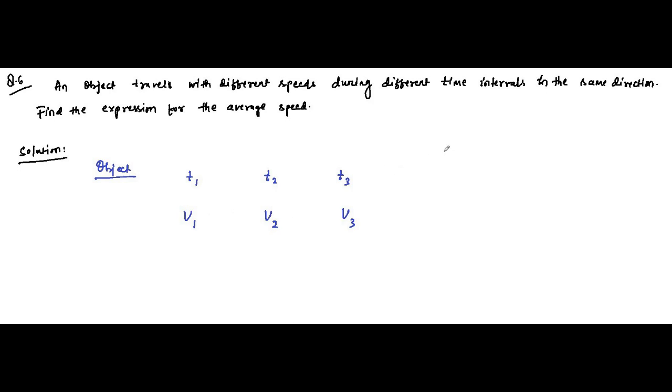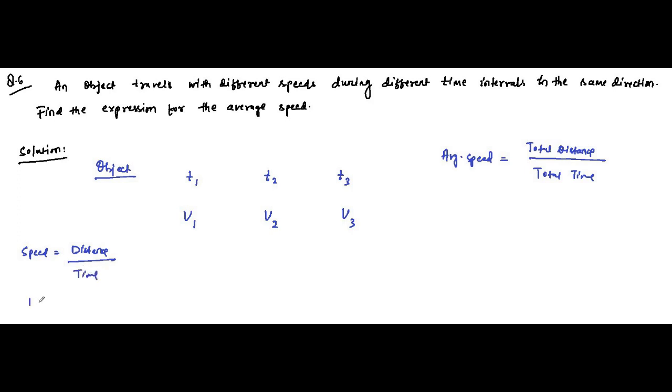So the average speed, as we have already discussed in the previous question, is total distance covered by total time taken. Here we know speed is equal to distance by time.